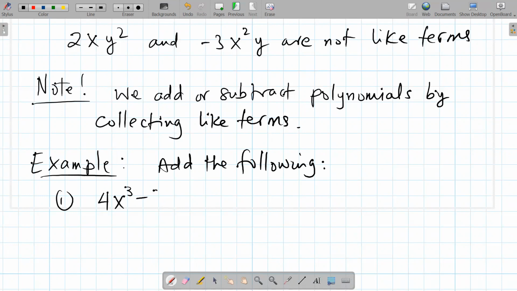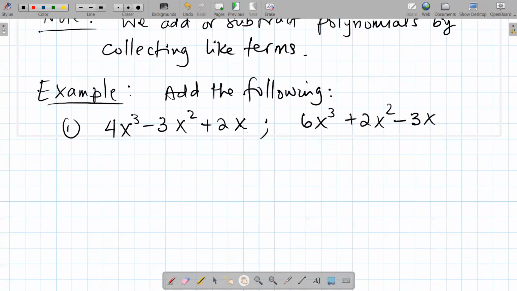4x cubed minus 3x squared plus 2x, and 6x cubed plus 2x squared plus 3x. Second one, x squared minus 2x plus 5 and 4x squared minus 2.